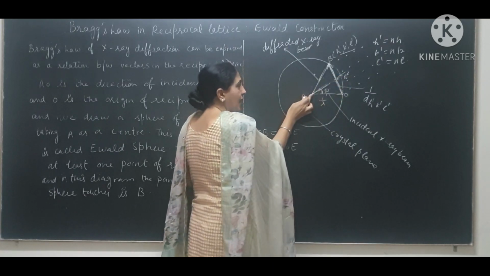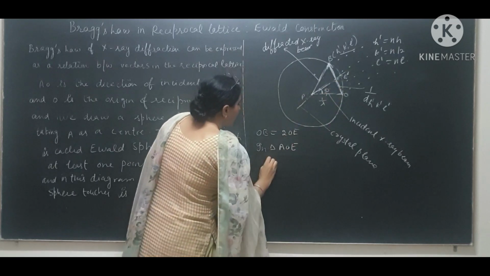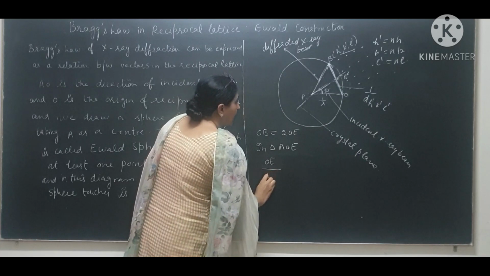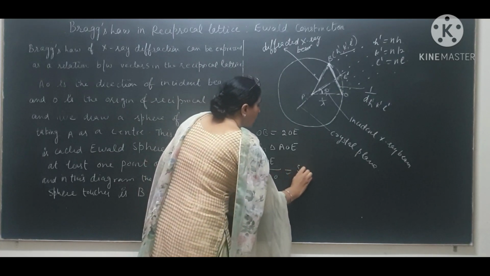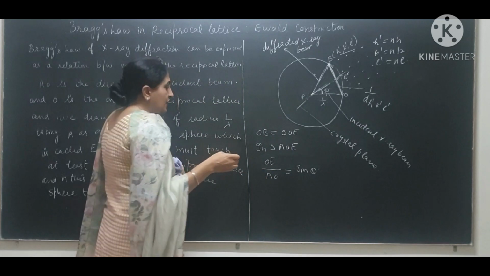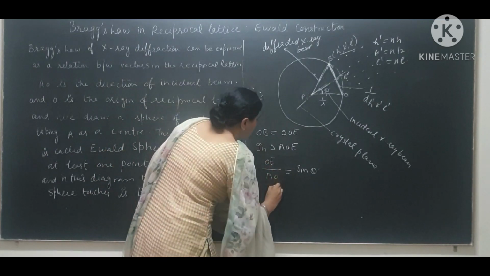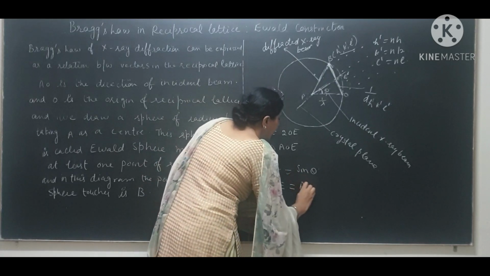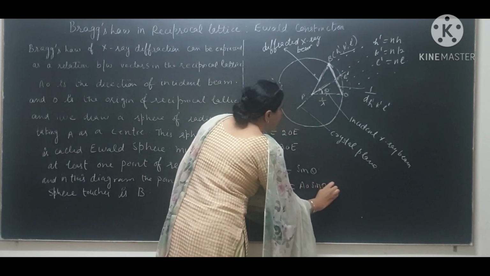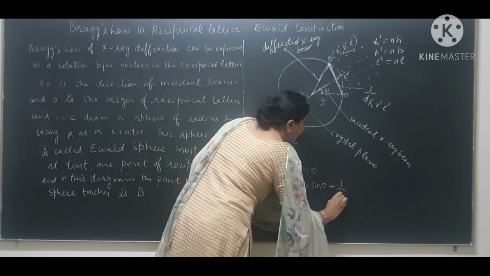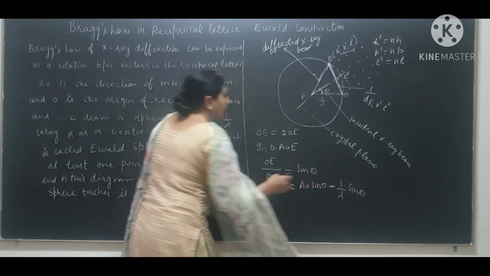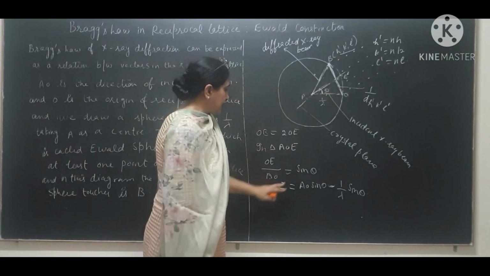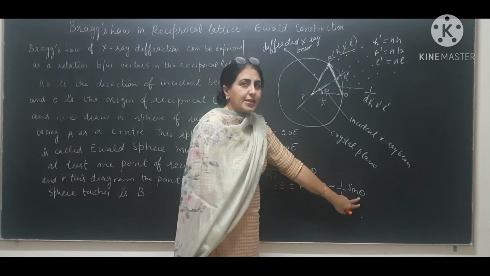So OE upon AO is equal to sine of theta, and from this OE is equal to AO sin theta. And what is AO? AO is 1 over lambda. So the value of OE is 1 over lambda times sin theta.